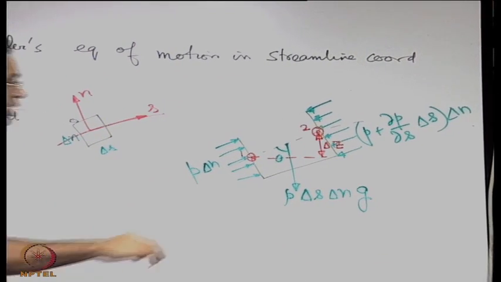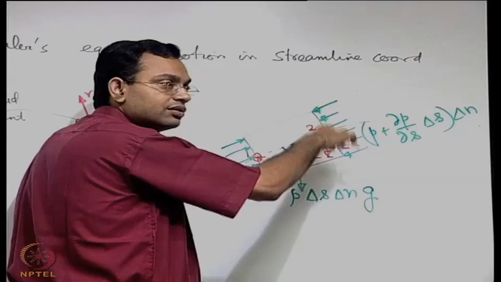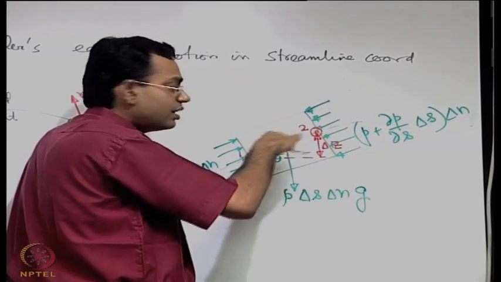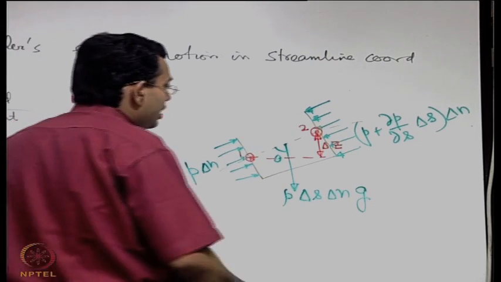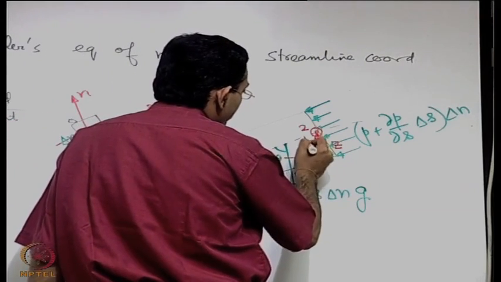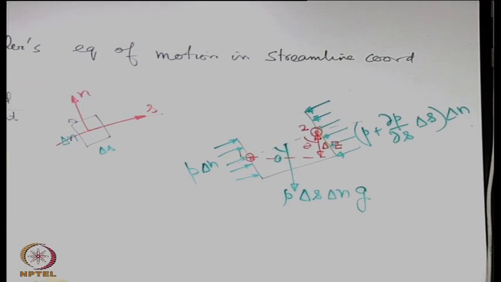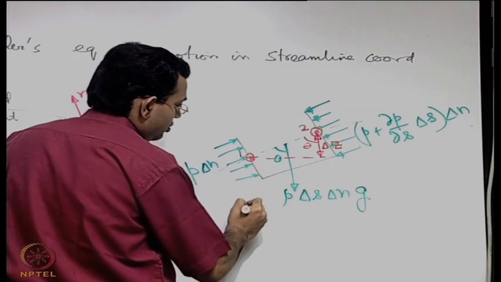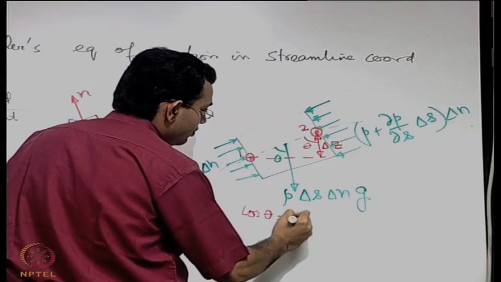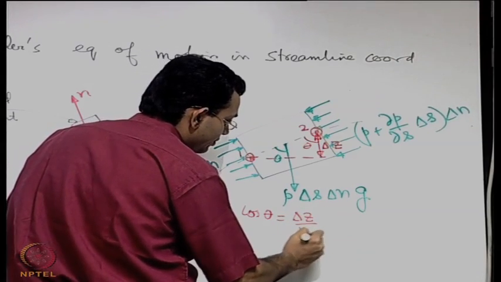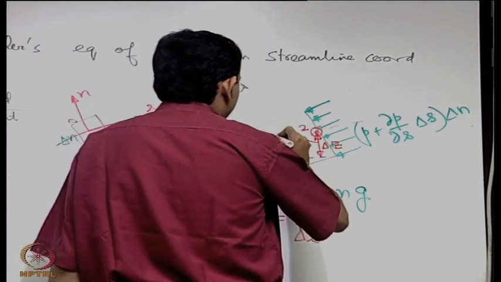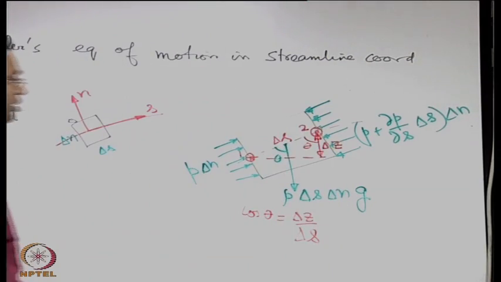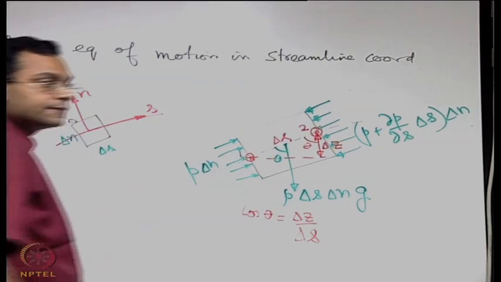So delta z is what? Delta z is the difference in height between the points 1 and 2, which are the centers of the faces. So you can clearly see that this angle will also be theta, and you can therefore write that cosine of the angle theta is given by delta z divided by delta s, because the other length is delta s, that is the axial length of the element.